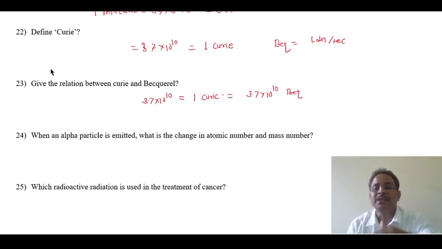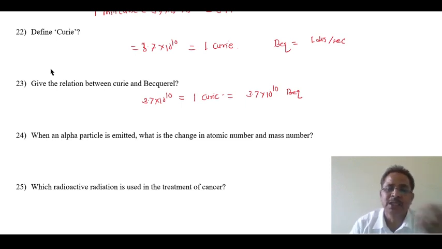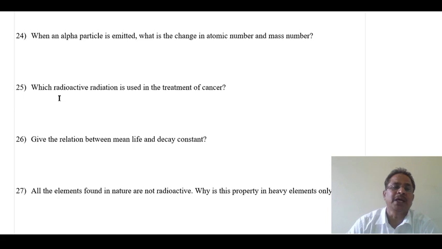Or 1 Becquerel is equal to 1 Curie divided by this number. So this is the conversion between Curie and Becquerel.